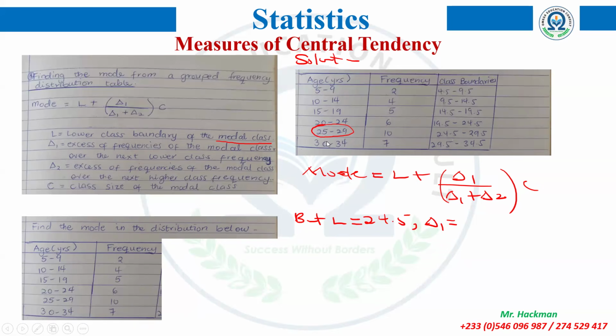And all the classes that will come below will be higher classes. Here we have only one. But we said it will be the excess of the modal class frequency over the next. When we talk of the next, it will be the closest lower class. So we are referring to the difference between these two frequencies, and that is your change sub 1. That will be equal to 10 minus 6, which gives us 4. Should I come again?